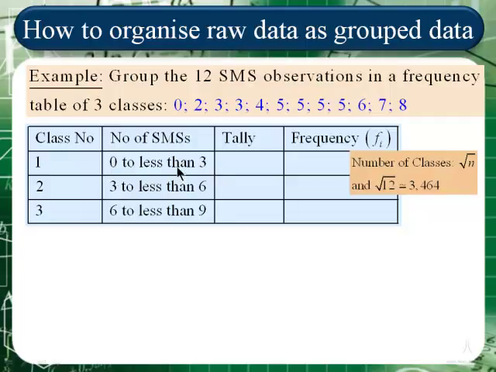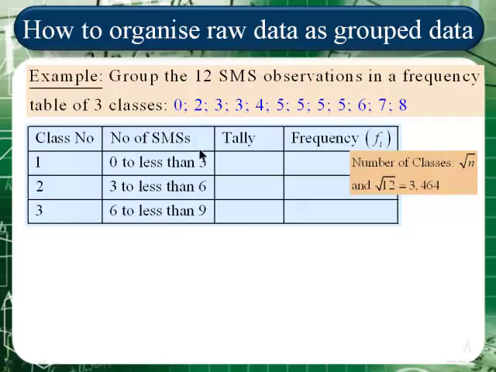Note that the class width is 3 here, because 9 divided by 3 gives us 3. So the next class will start at 3 and go up to all values less than 6, and the last class from 6 to less than 9.